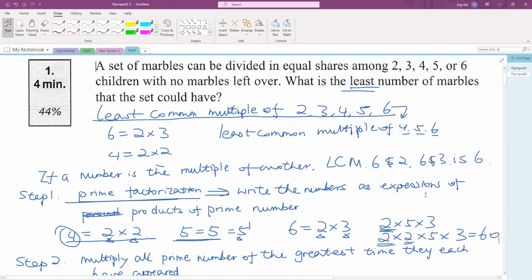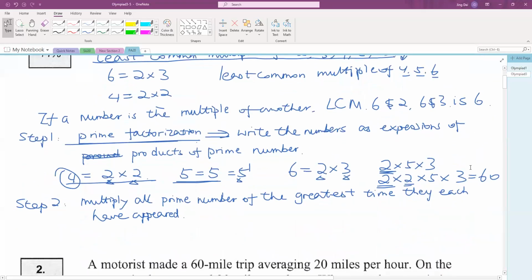Let's try 30. Does 30 work? No, 30 does not work for 4, right? Let's try another number. Maybe it's 20. Does 20 work? 20 does not work. Okay, so that's how we made sure that 60 is the least number of marbles that the set could have.